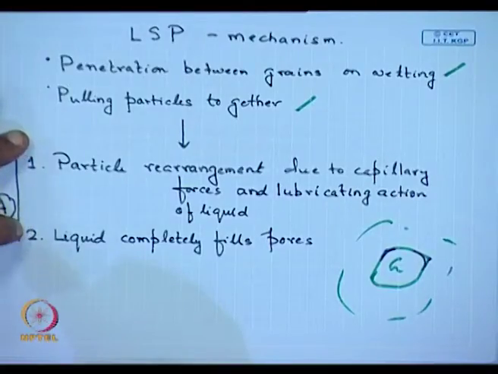So the very first phase of liquid phase sintering is this A, particle rearrangement and completely filling up of pores. In fact, this is where the maximum densification takes place.